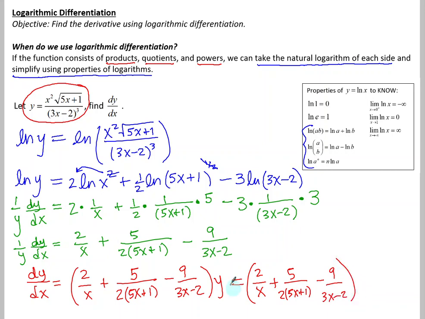And then instead of times y, we'll write what y is equal to. x squared times the square root of 5x plus 1 over 3x minus 2 cubed. Now there are other ways to write this expression, such as all in one fraction, for example, but we do have a derivative. It's all in terms of x, and it will be useful to us.